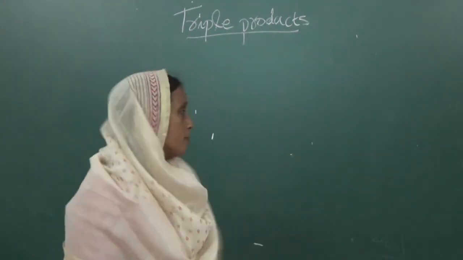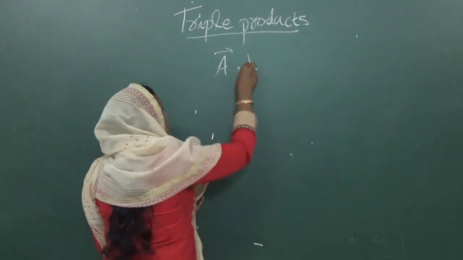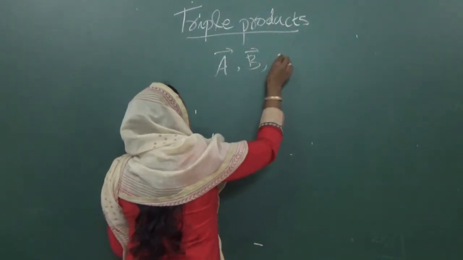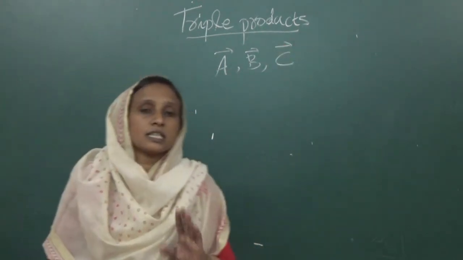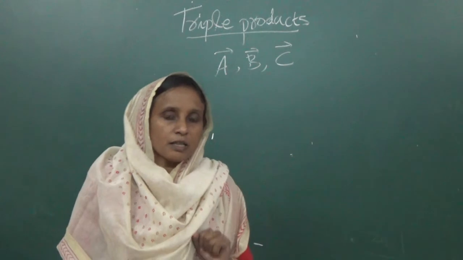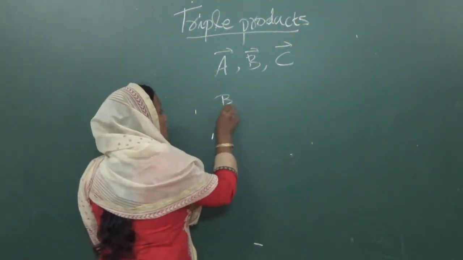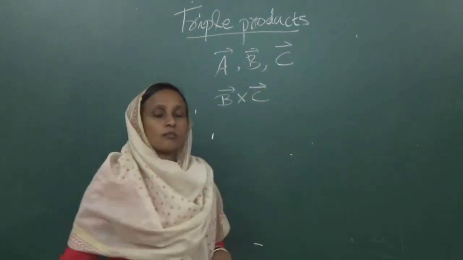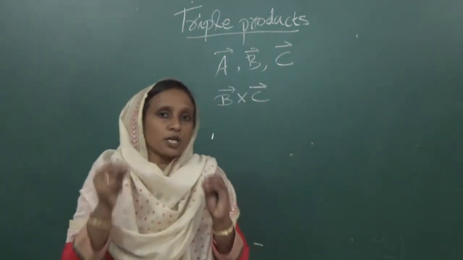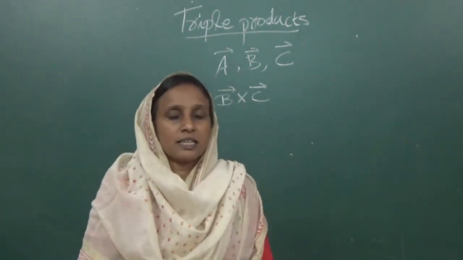For example, suppose we have three vectors, vector A, vector B and vector C. Suppose we consider the cross product B cross C. This B cross C gives you another vector, right?